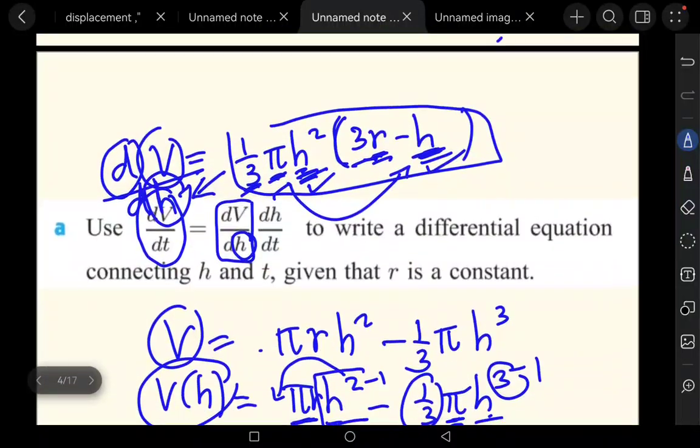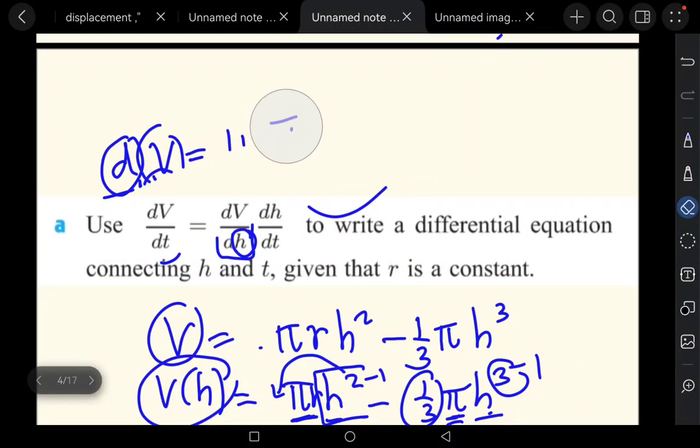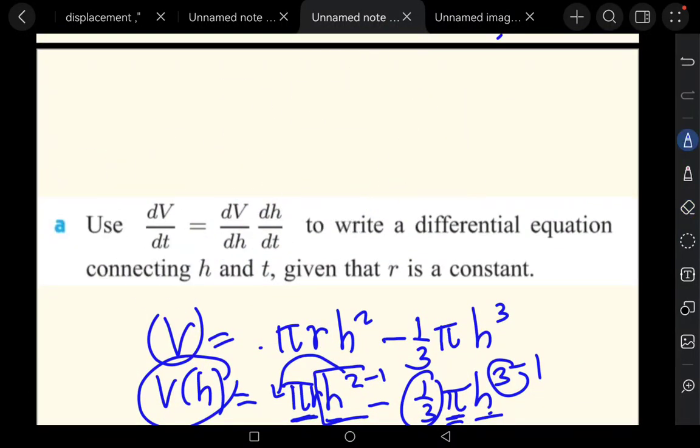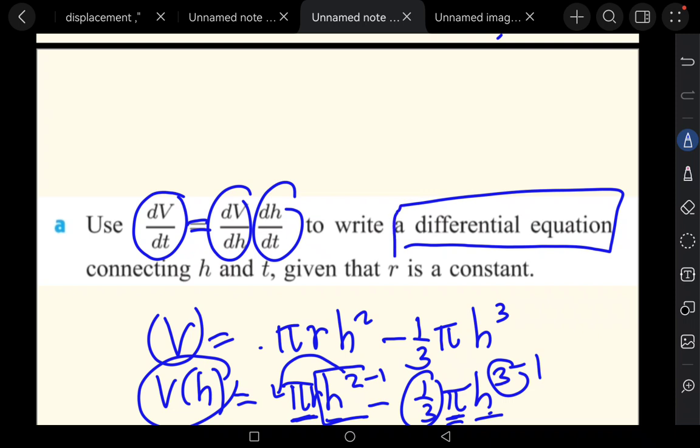Okay, so that's the answer. Not yet, we're not done yet. The question asks you to use this to find a new differential equation.